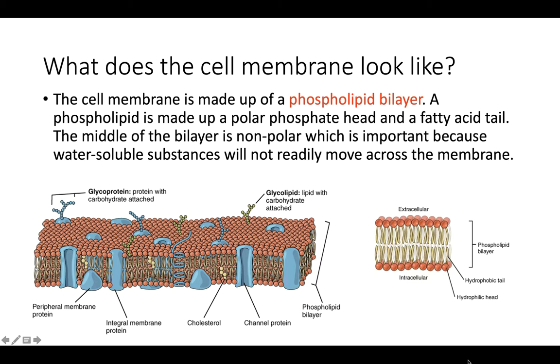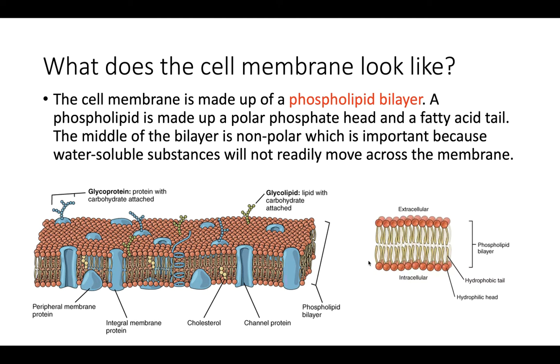In terms of the middle of this bilayer, the middle is going to be considered nonpolar because of the fatty acid tails, and the outside of the bilayer is going to be considered polar because of the polar phosphate heads. Why that's important is because this prevents water-soluble substances from being able to move across the membrane, and so they're going to need a little bit of help.